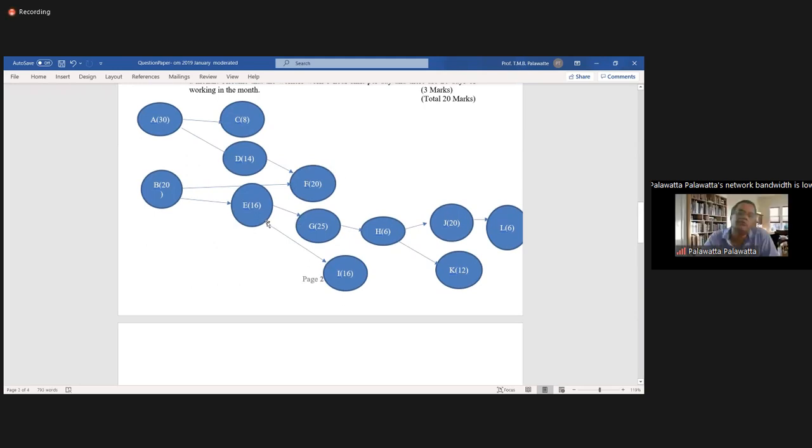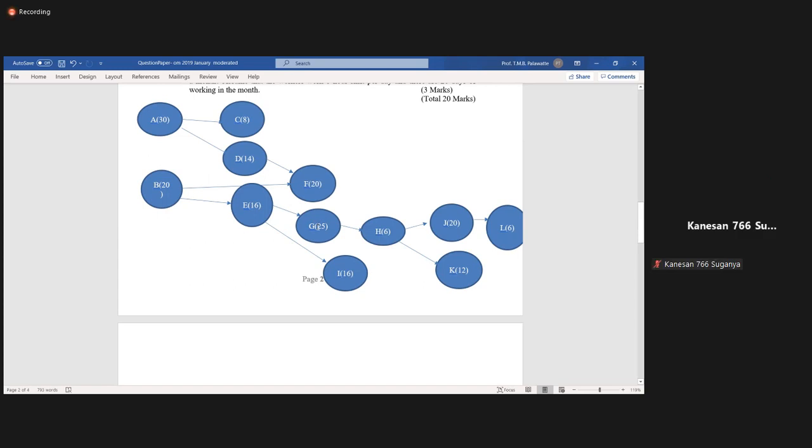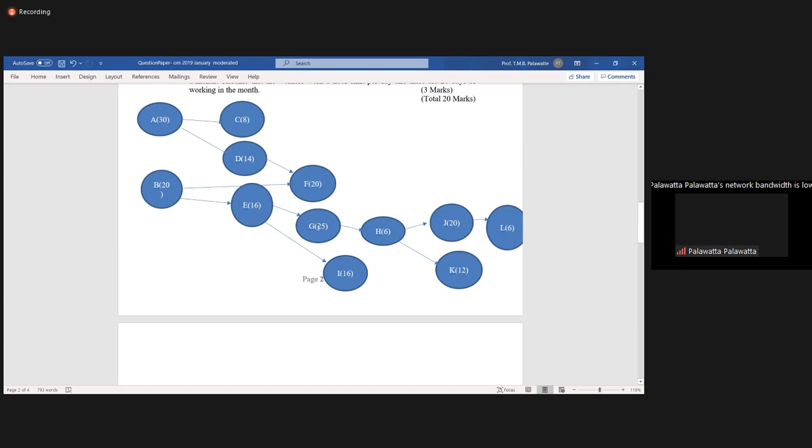But I wanted to calculate a combination that gives me 65 without violating the precedence. So let's say out of the remaining tasks, if I had used E and then F, 16 plus 20, then 36. And then let's say G, 36 plus 25, then it's going to be 61.